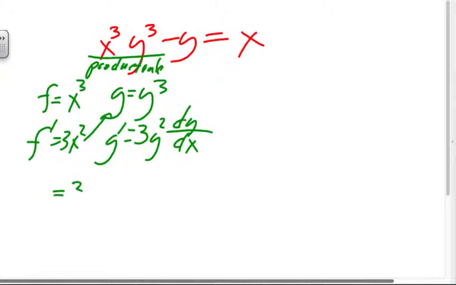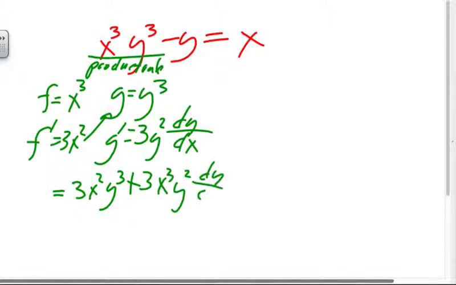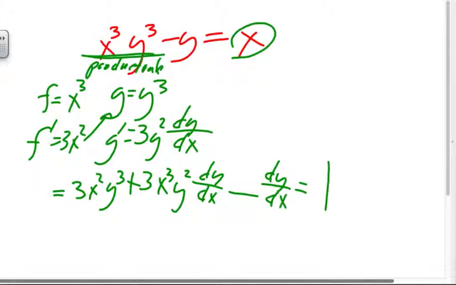Okay, and then to get that, then we just cross multiply. So I'm going to have 3x squared y cubed plus 3x cubed y squared dy dx. So that just gets me this term right here. Minus, I take the derivative of this, which is dy dx equals, the derivative of x is 1.